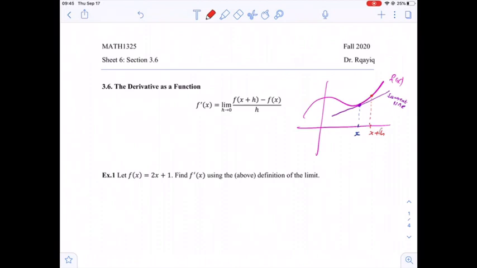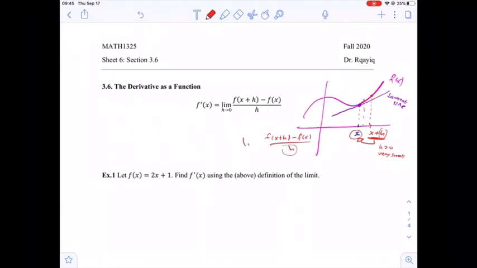So when h is positive and very small, then this point x plus h will be very close to the point x. So it might be here or even closer, and then we get a better approximation. So in that case, the instantaneous rate of change is given by f of x plus h minus f of x over h, where h is very small.